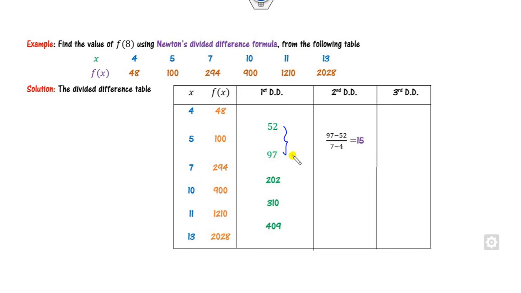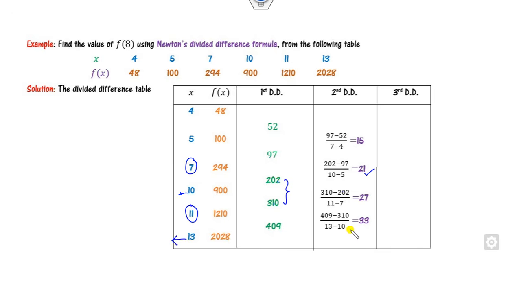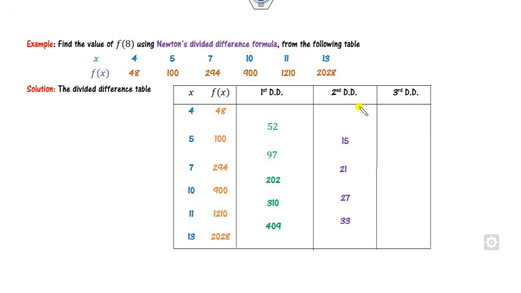Then you can use 202 minus 97 divided by 10 minus 5, so you can find this number here. Similarly for another one, 310 minus 202, subtraction of this. The next one is 13 and 10. Fine, so you can write it here.